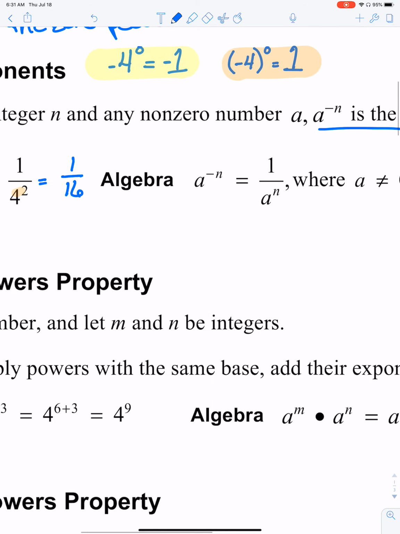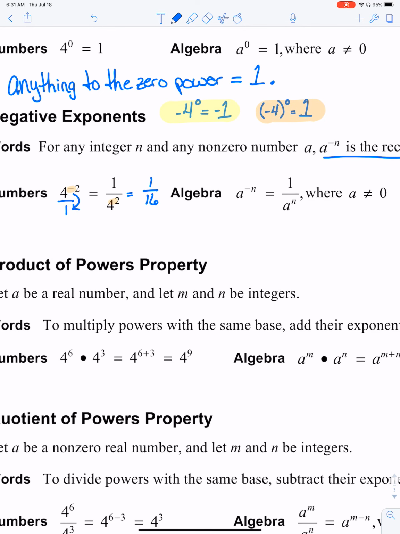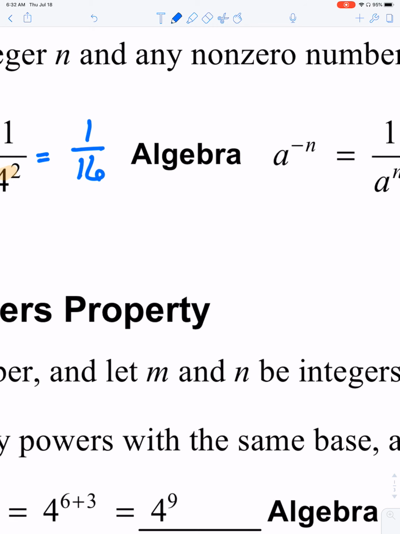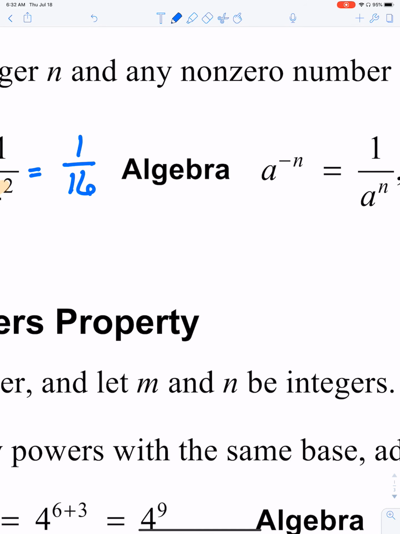So what I mean by bringing it to the bottom or bringing it to the top, let's say you had 1 over x to the negative 3. The reciprocal of that would mean bringing the x to the negative 3 to the top.